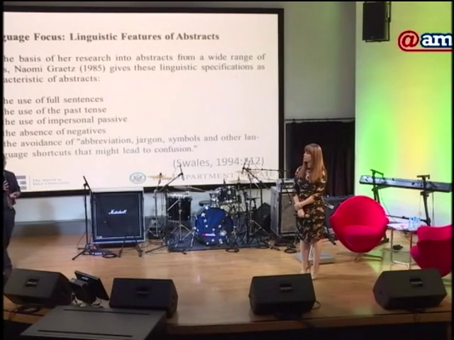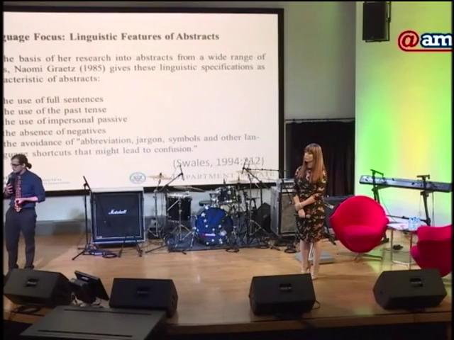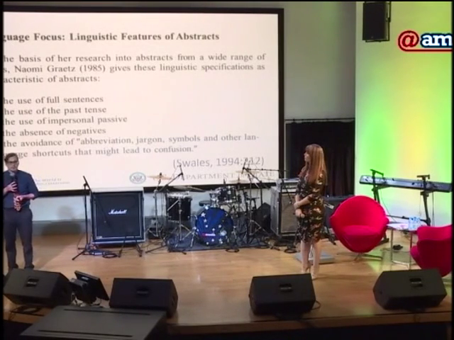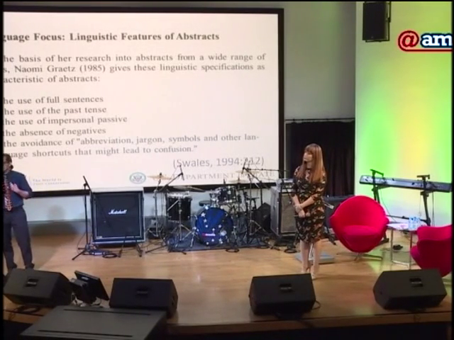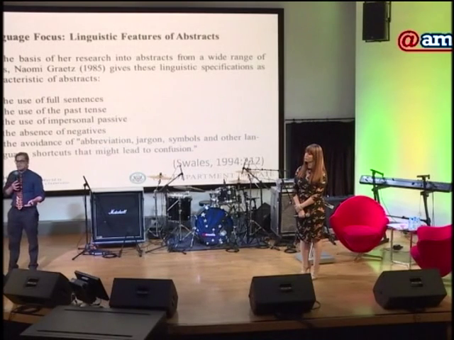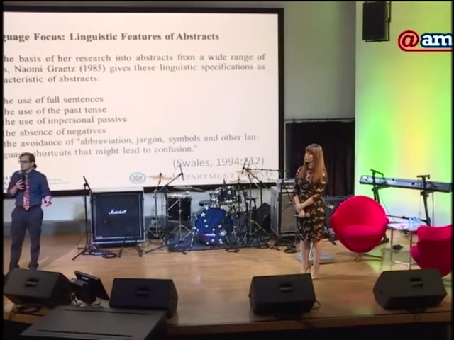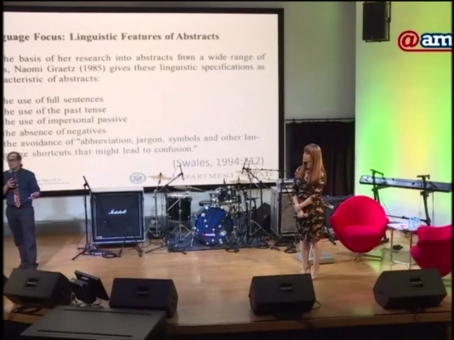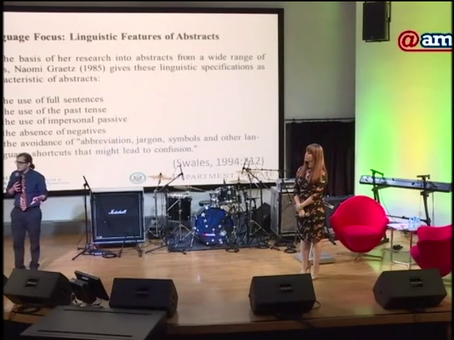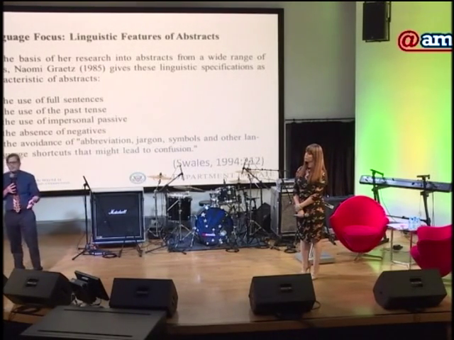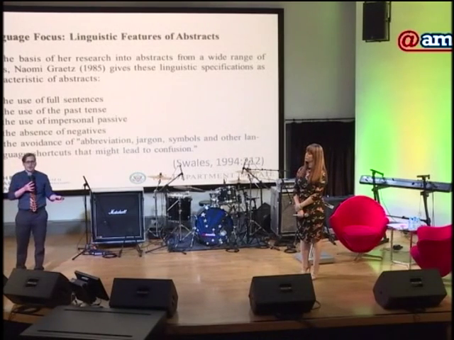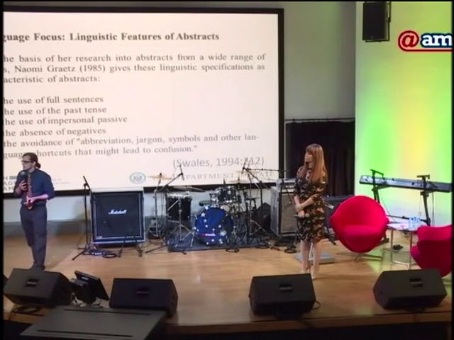So you do want to be as explicit as possible when you are writing your abstract, because it's not just going to be the people in your particular field that are reading it, but people from all different fields and different parts of the world, because hopefully, if you get published, you will be in an international journal that will be used in databases all over, and people will be reading your research.